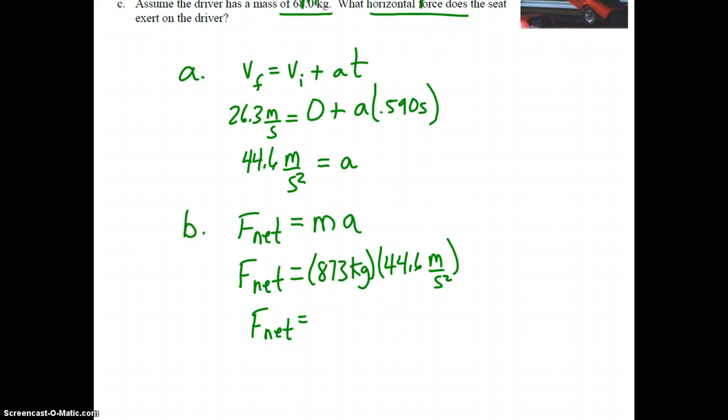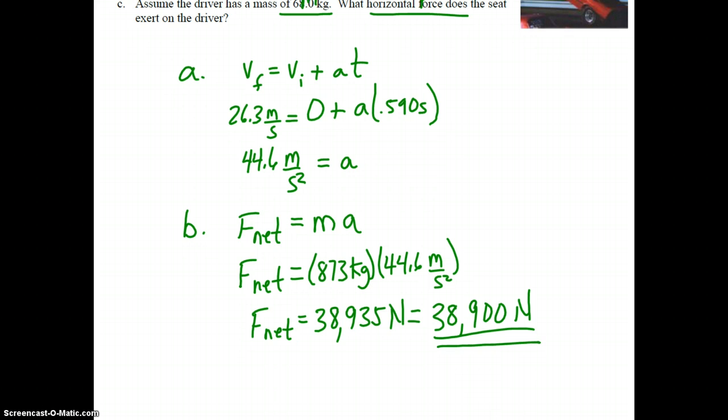Pause if you need a moment to do so. And we get 38,935 newtons, which we must express to 3 digits. So that would be 38,900 newtons is our final answer there.